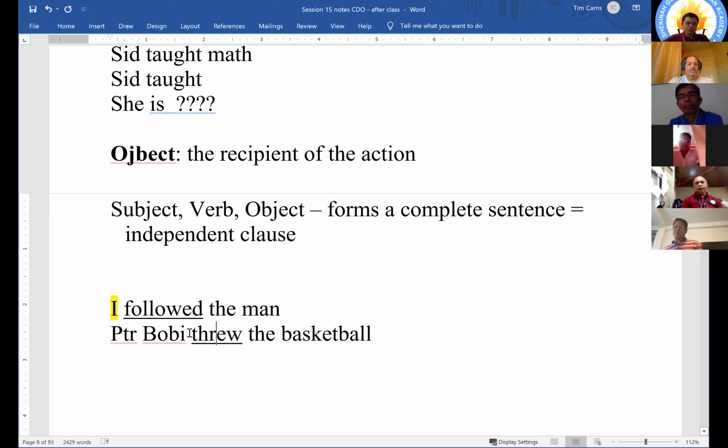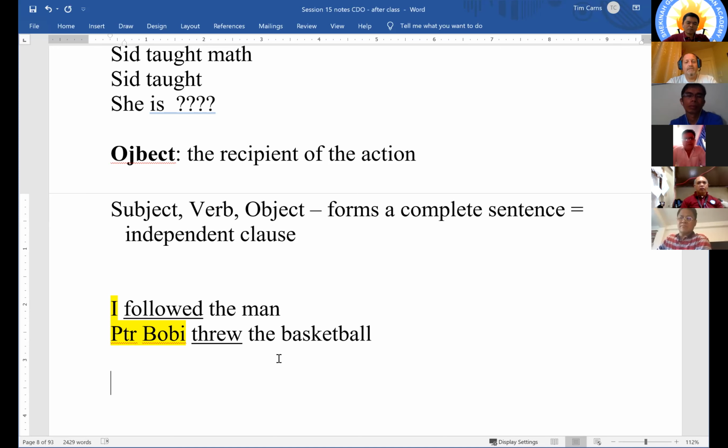Pastor Bobby. You are. All right. Now, in this case, there's an object. Something is receiving that action, and that is the basketball. Okay. Now, an independent clause does not have to have an object, but it often does. But an independent clause definitely must have a subject and a verb that form a complete thought.